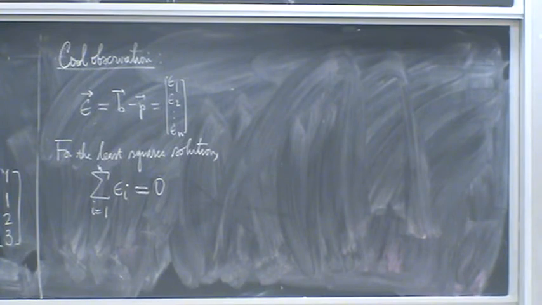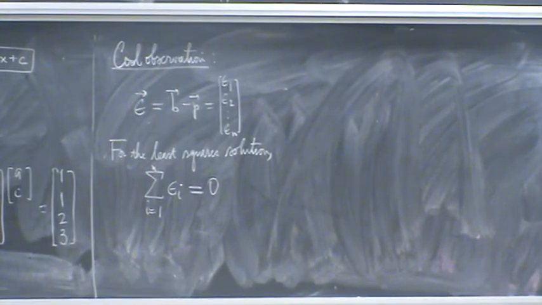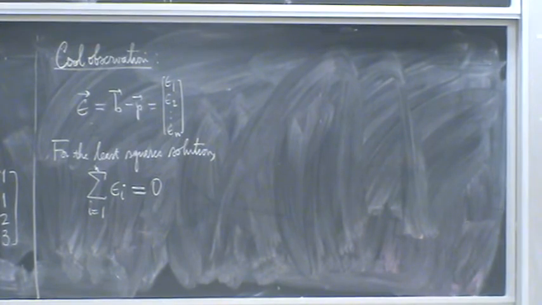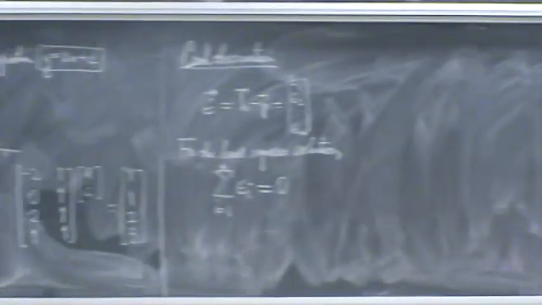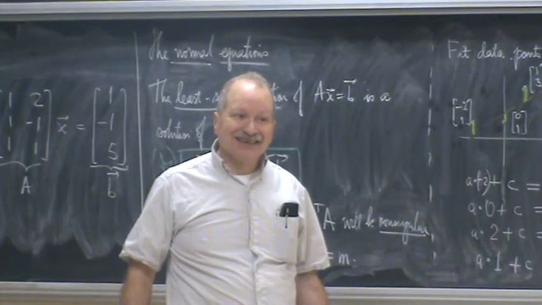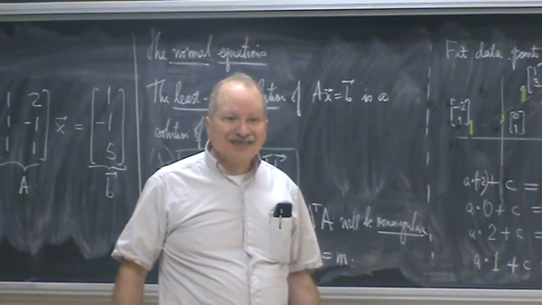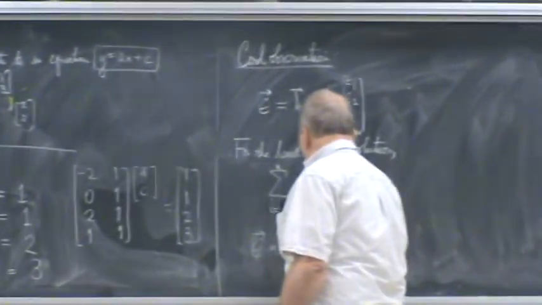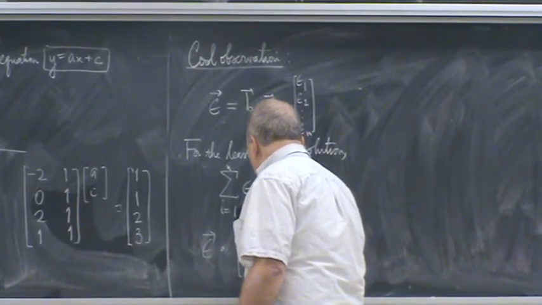So why is this true? Hint: what do you do with a vector if you want to add up its entries? Dot it with something. The 1, 1, 1, 1. You're dotting the vector with 1, 1, 1, 1, 1, 1, 1, 1.